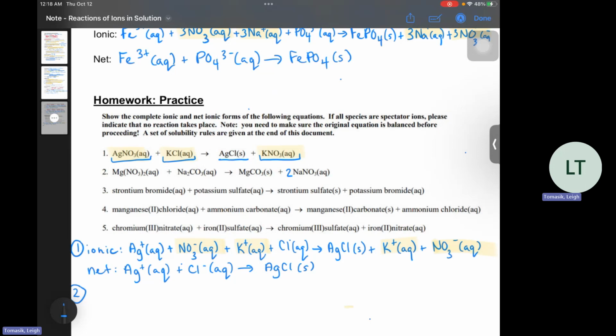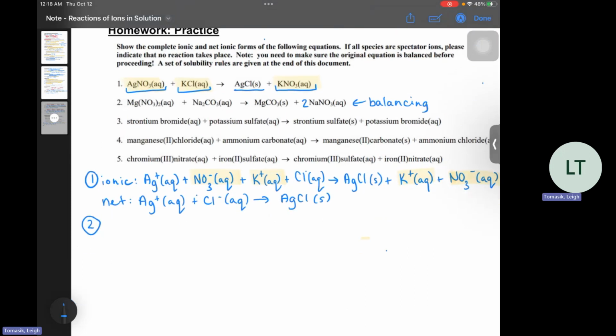And now we have 2. I put the coefficient there on the right-hand side. 1 carbonate on both sides, 1 magnesium on both sides. Now we're ready to go. So here we had to do the extra step of balancing our overall equation.